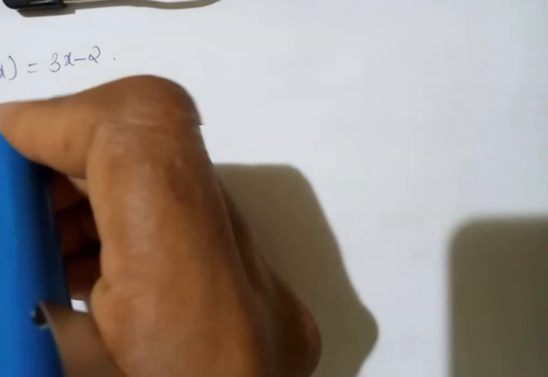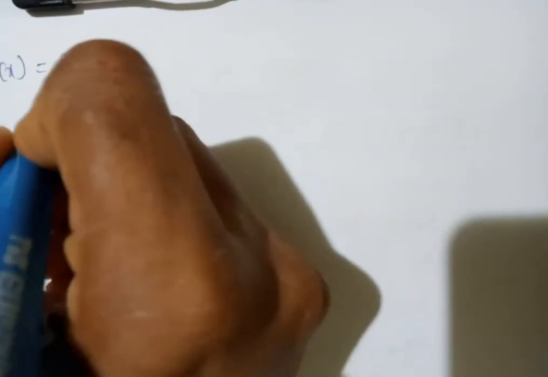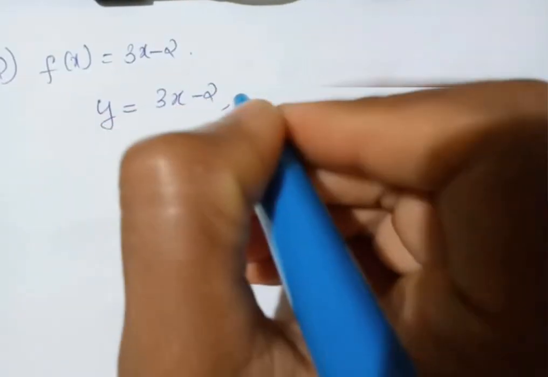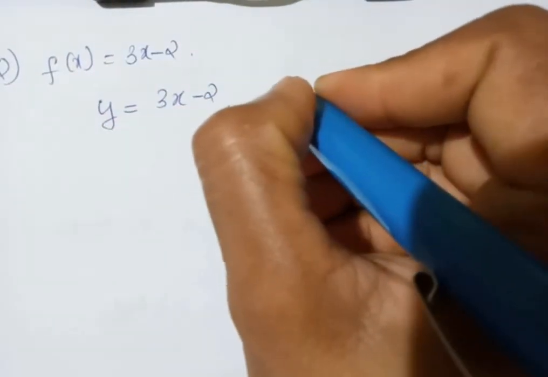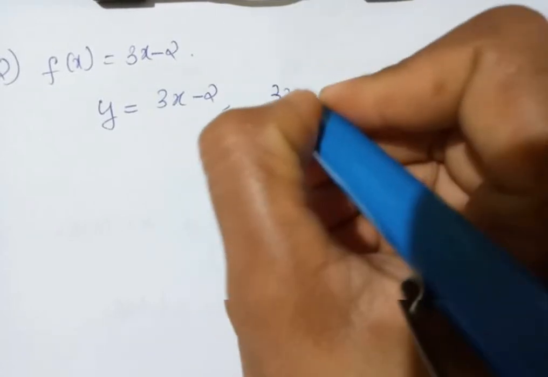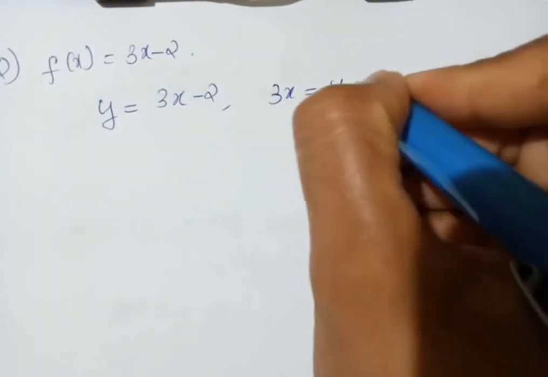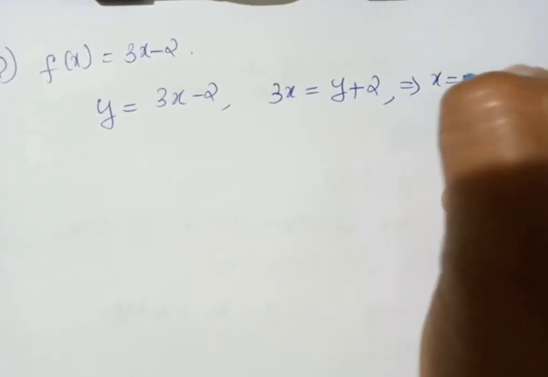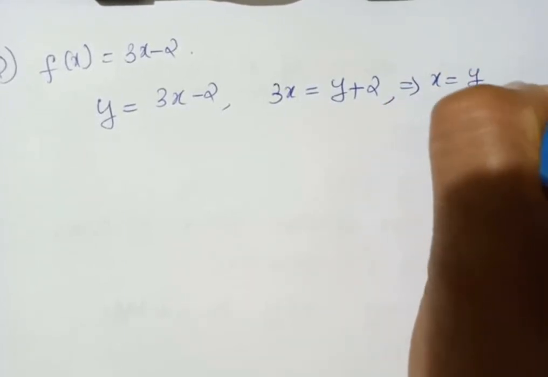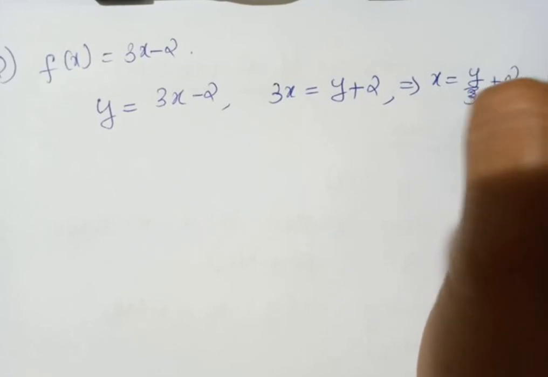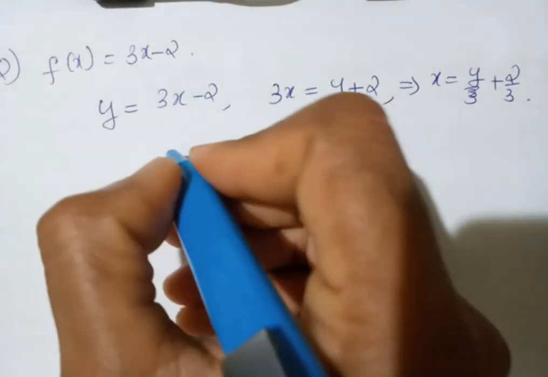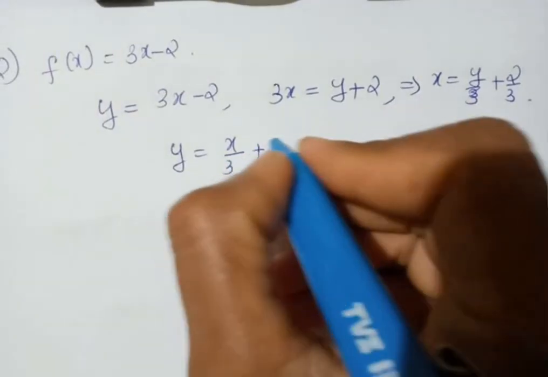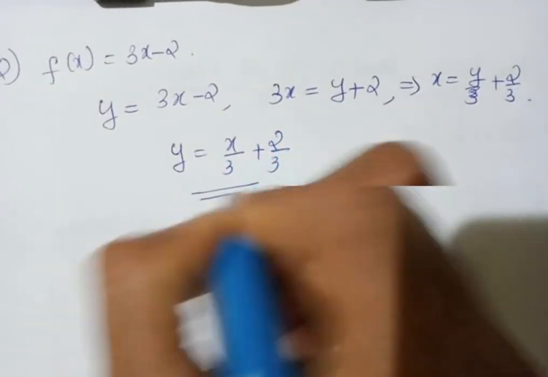First of all, we put y equal to 3x minus 2. Next we have to solve this for x: 3x is equal to y plus 2. So x equal to y by 3 plus 2 by 3. Interchange x and y: y equal to x by 3 plus 2 by 3. This is the inverse.